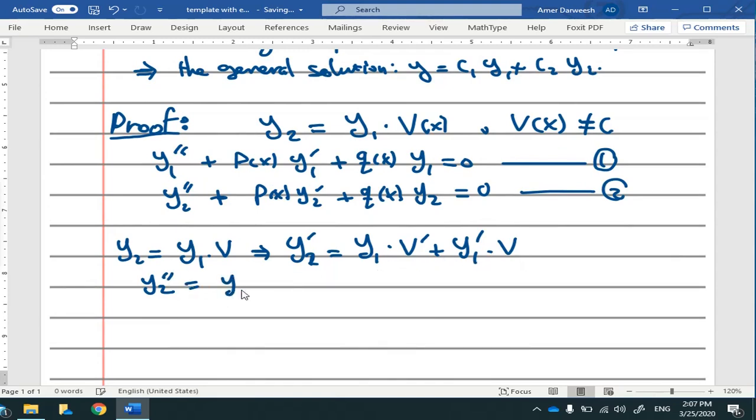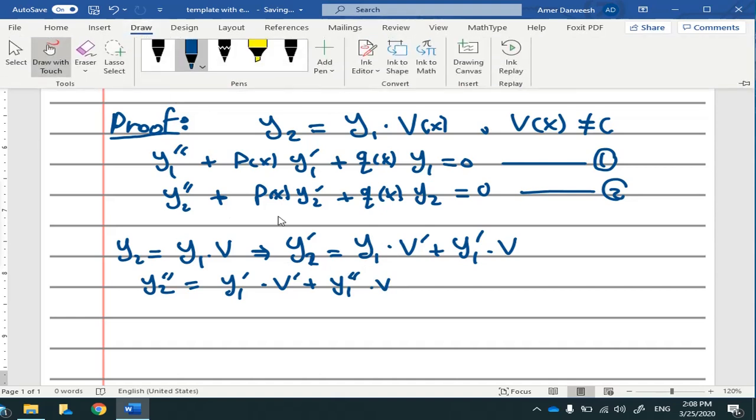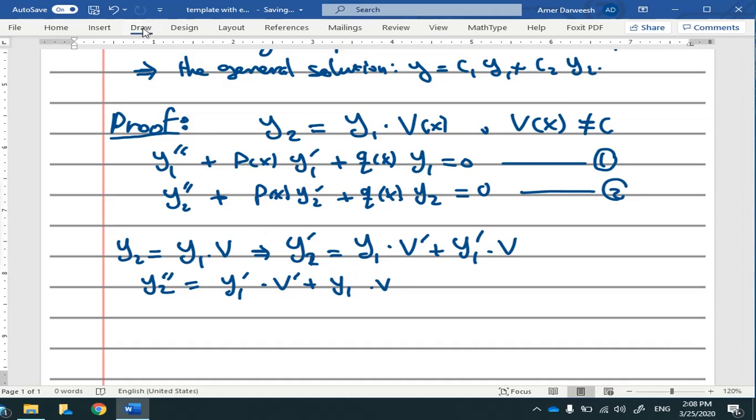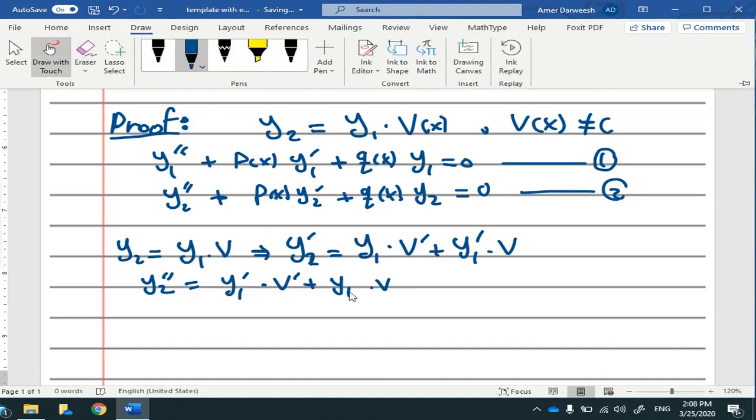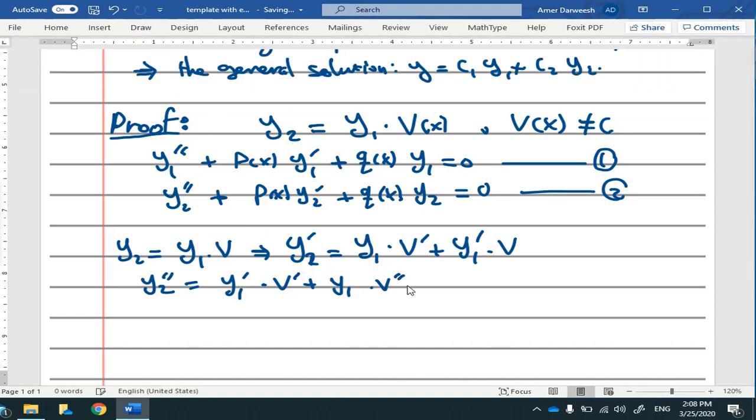We have y1 prime times v prime plus y1 double prime times v, plus y1 times v double prime, plus y1 prime v prime.